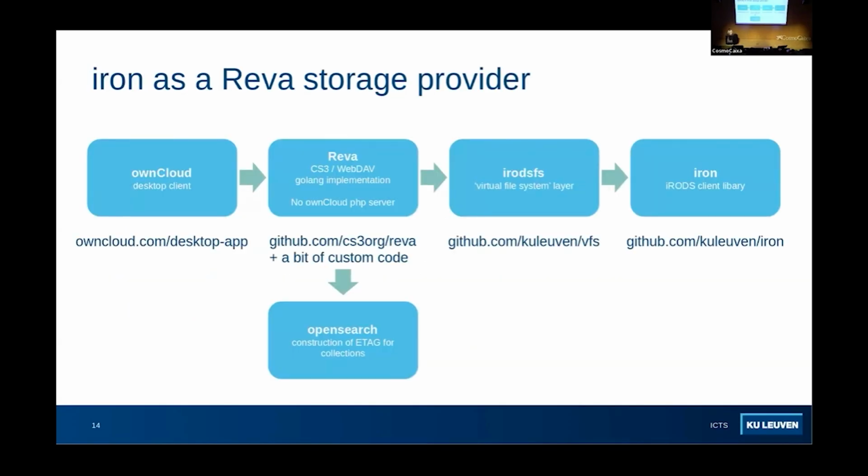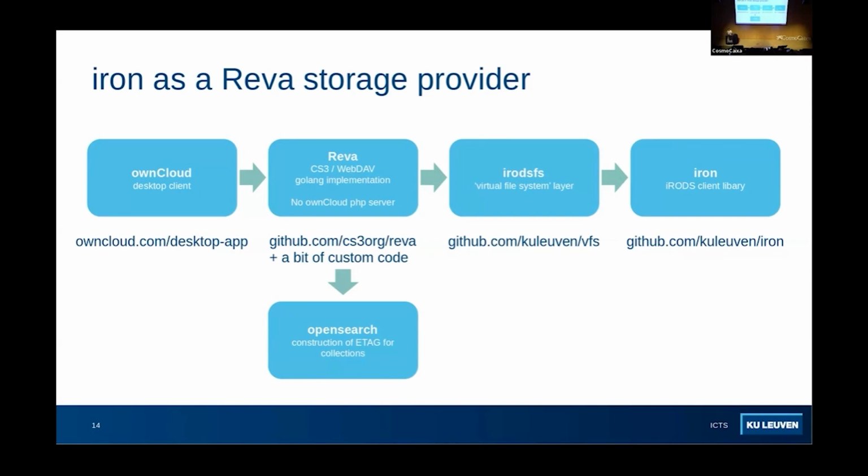So you get this scheme. You have the ownCloud desktop client, just the default ownCloud client, which I will show you in a minute. Then you have the Reva server implementation of CERN with a bit of custom code, which calls the next layer, which is iRODS FS. It's a virtual file system written in Go, which is also open source.